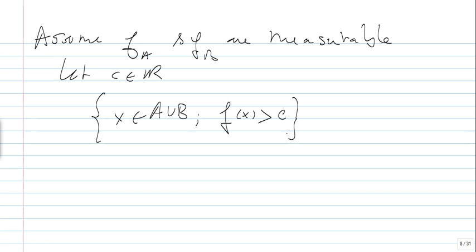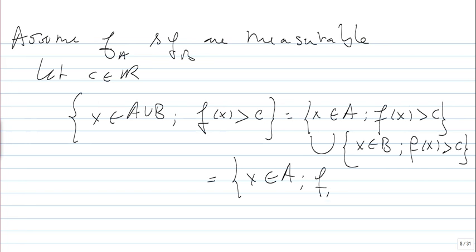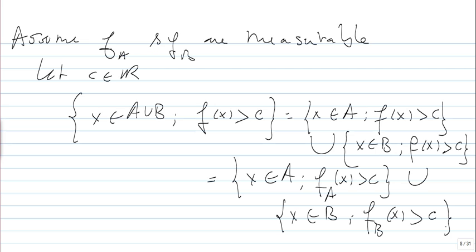It's very easy to see that in fact this is x in A such that f of x greater than c, union x in B such that f of x greater than c, which is equal to x in A such that fA of x is greater than c, union x in B such that fB of x is greater than c.